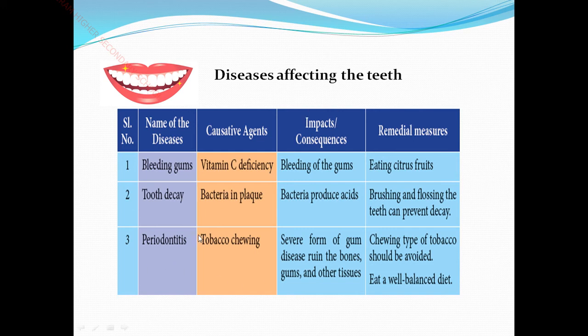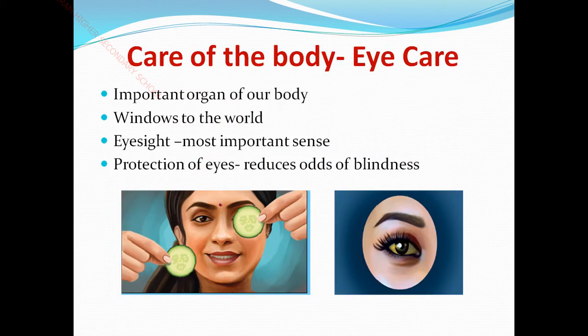Tobacco chewing even causes cancer, and it causes a severe form of gum disease which ruins the bones, gums and other tissues inside our teeth. What is the remedial measure? Chewing of tobacco should be avoided, and you should have a well balanced diet. By these ways we can keep our teeth very healthy.